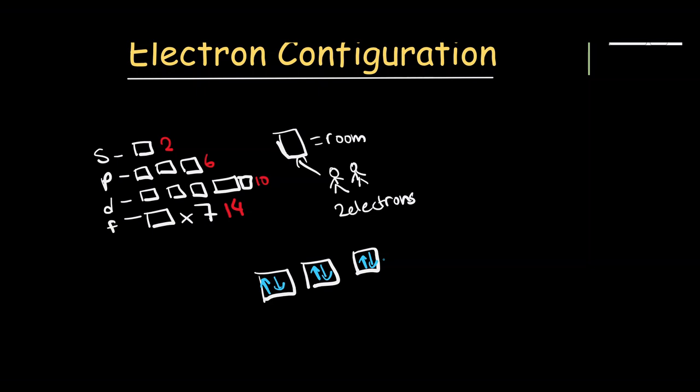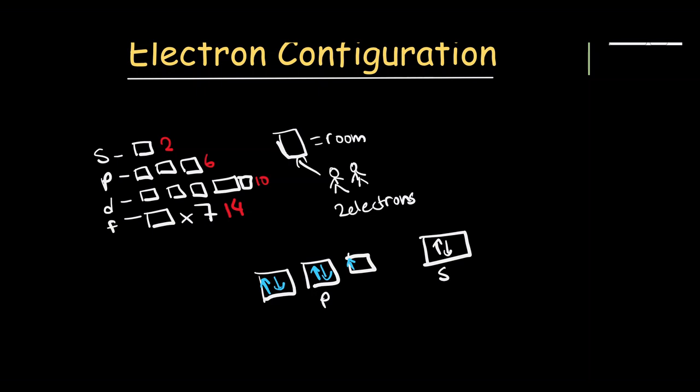Now, one interesting thing that I have to tell you about is what happens sometimes. Let's say this is p, right? And this is s. And here we have 2. All right, so what happens?